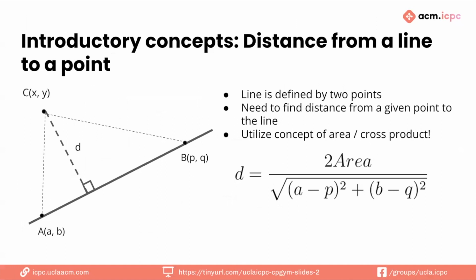So as we know, the area of a triangle can be computed by multiplying the height and base and dividing by 2. So by using that formula, we can find the height of the triangle, which is essentially the distance from a point to the line segment. Does anyone have questions about this?